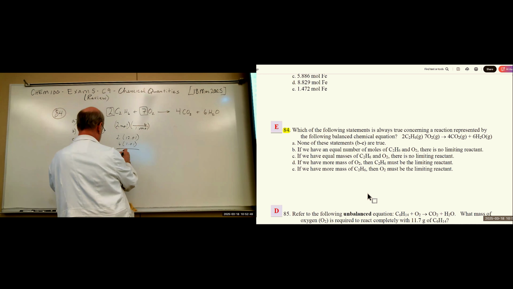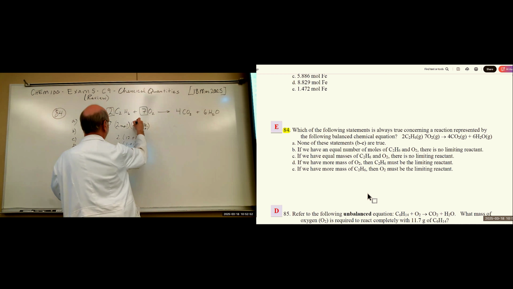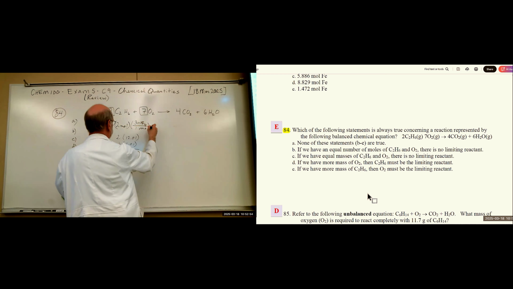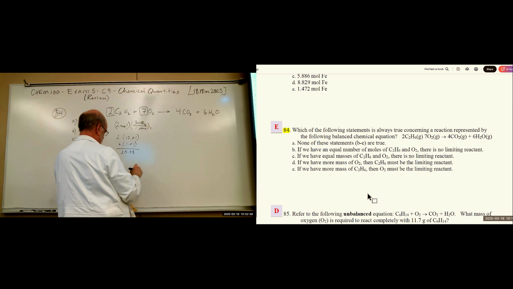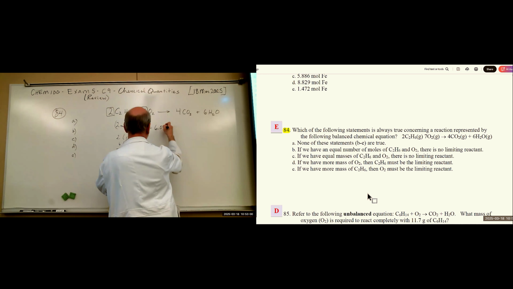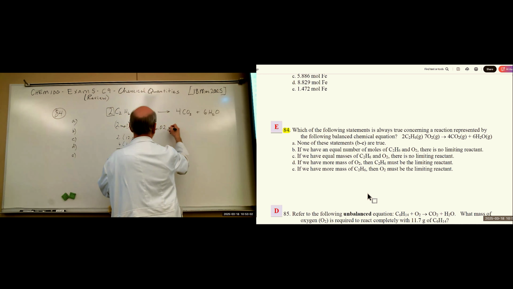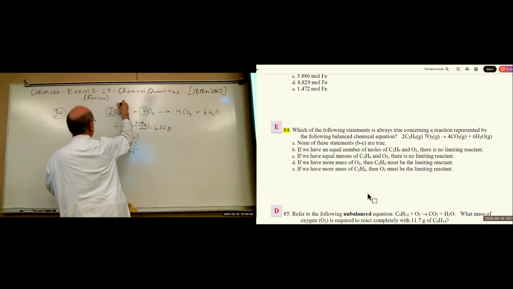And that would be 30.08 times 2, which would be 60.2 grams.